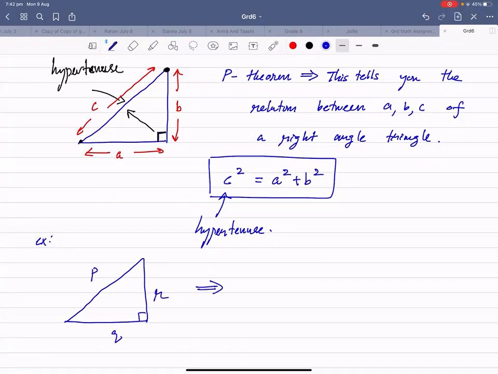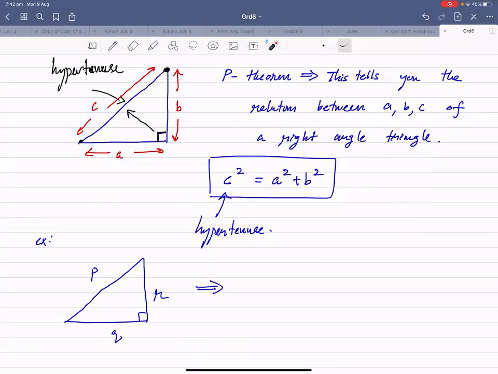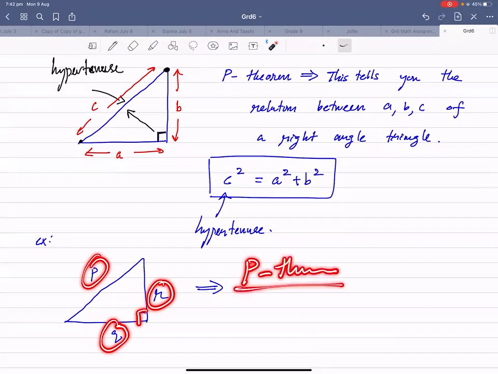Now, if you have P, Q, and R, how do you look at this theory? You have the hypotenuse and the other two sides given, and this triangle is a right angle triangle. So if it is a right angle triangle with those three distances, the Pythagoras theorem is readily available there, right? That is the understanding you should have.